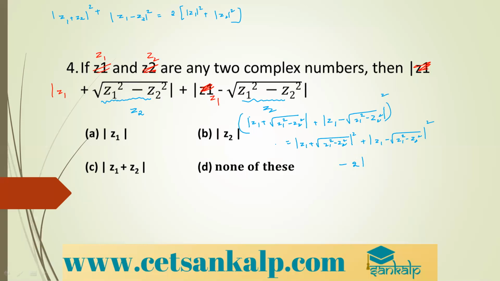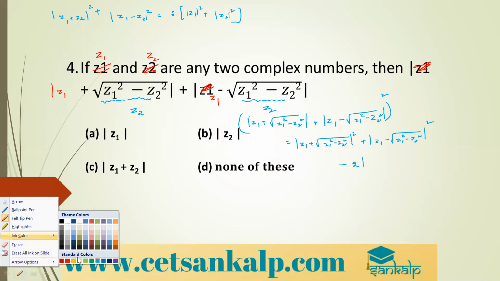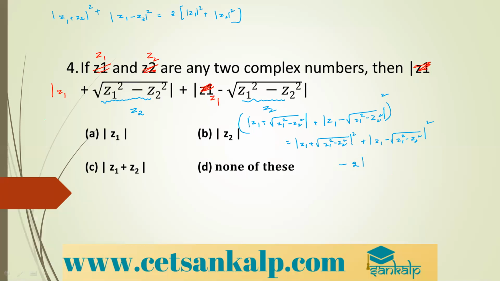So actually what I did, I will tell you. Don't get confused. I have taken this as A and this as B. So I took A plus B whole square, for which I got A square plus B square. Now plus 2AB I'm getting. So how to write plus 2AB?